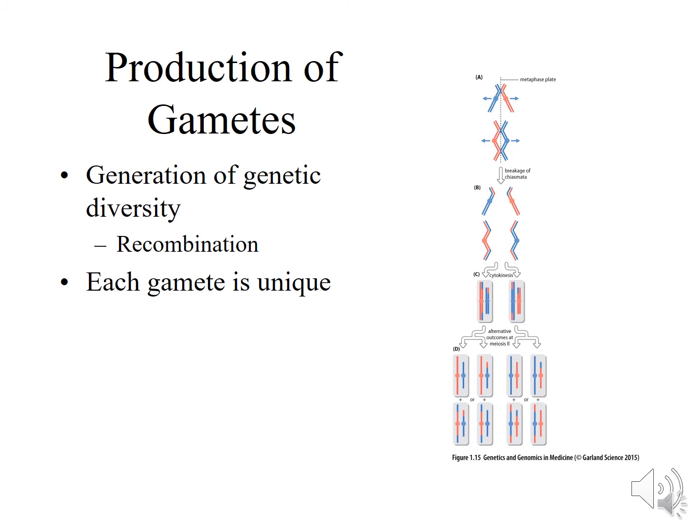Production of gametes. One of the features of the production of gametes is the generation of genetic diversity. One of the ways that this is achieved is through the process known as recombination. The prophase of meiosis I begins during fetal life, and in human females can last for decades.